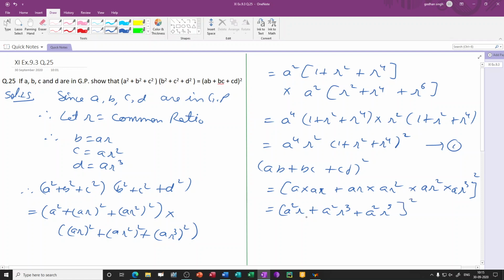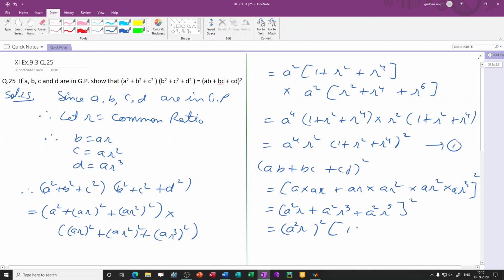From these three terms inside the bracket, we can take out A square R common, with the whole bracket squared.